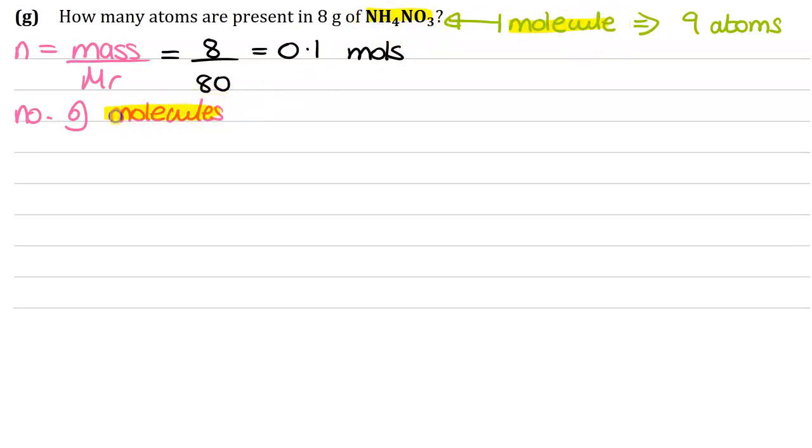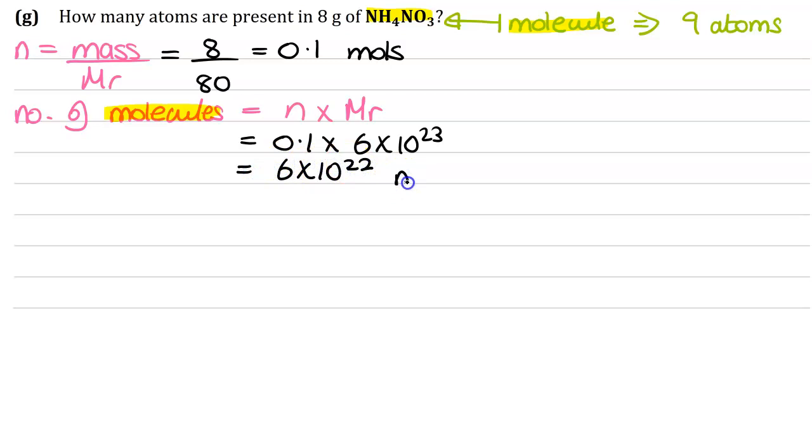So number of molecules equals n multiplied by 6 by 10 to the 23. So that's equal to 0.1 multiplied by 6 by 10 to the 23, which is 6 by 10 to the 22 molecules.